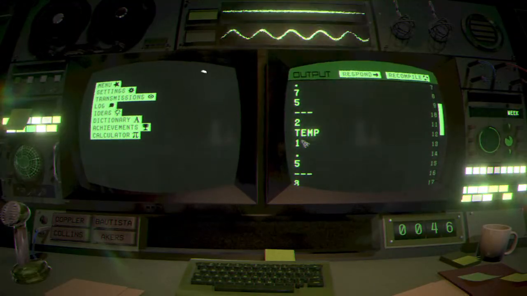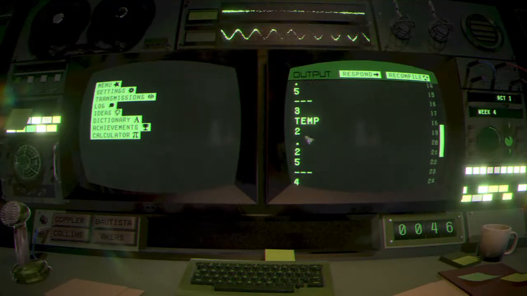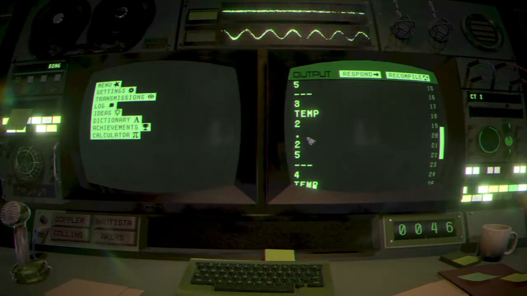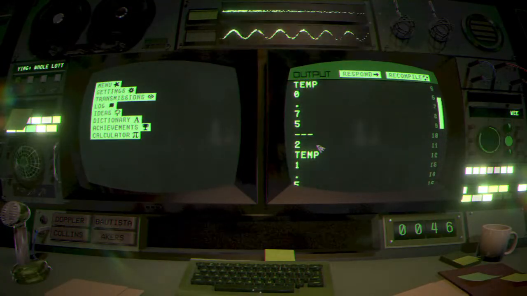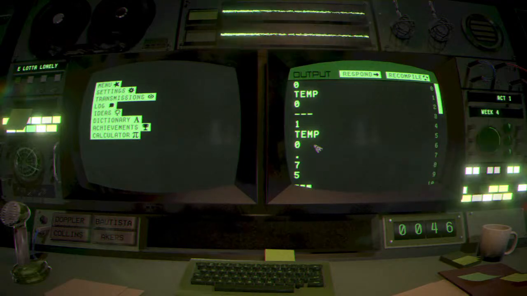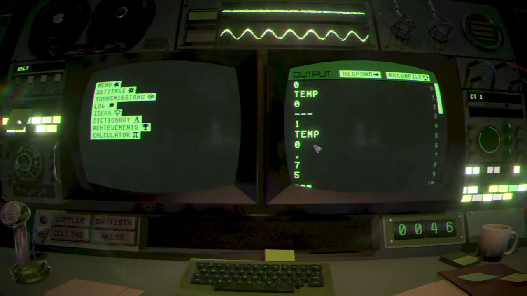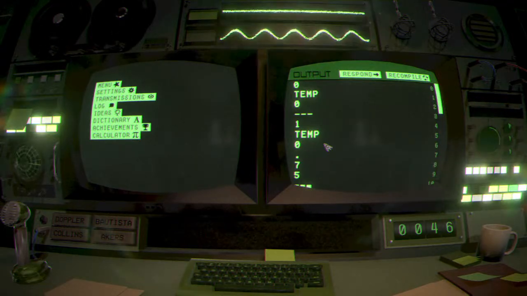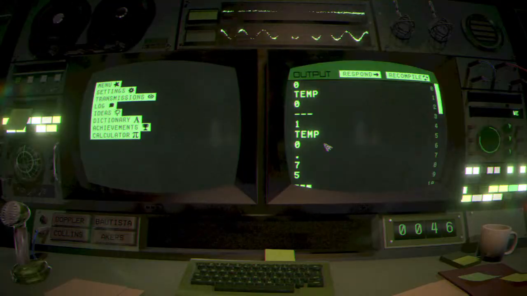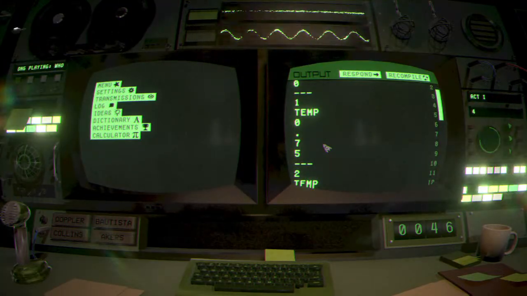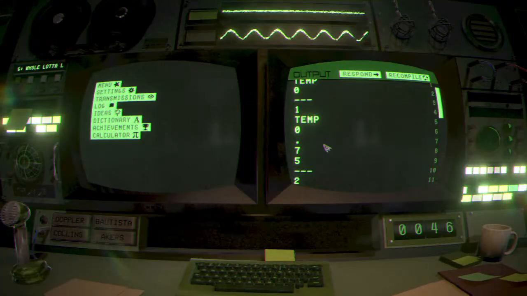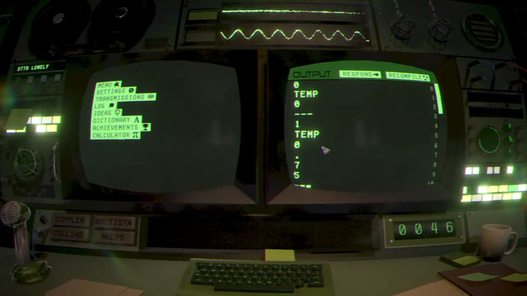One, 0.75, 2, 3, 2.25, 4. So has it been a fraction the whole time? Or not a fraction? I don't know.